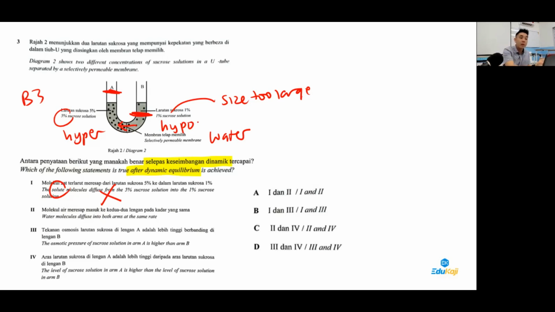Because like I said, water moves hypo to hyper. After equilibrium, both move at the same rate. Ini betul. Osmotic pressure is higher? No, it should be the same. Because again, after dynamic equilibrium, and A is higher than B. So number 3 answer is C.